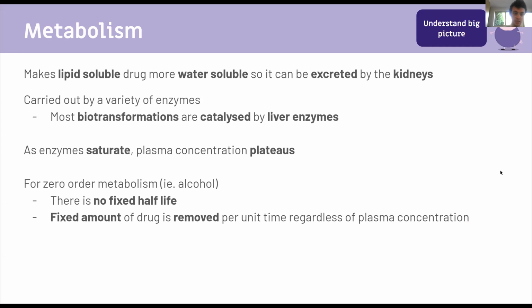And as enzymes saturate, the plasma concentration plateaus, as we saw in the first order in the slide before. For zero order metabolism, for example alcohol, there is no fixed half-life, and a fixed amount of drug is removed per unit time, regardless of the plasma concentration. Whereas for first order, it's a variable amount of drug removed per unit time, as it is proportional to plasma concentration. It's another way to think about it.